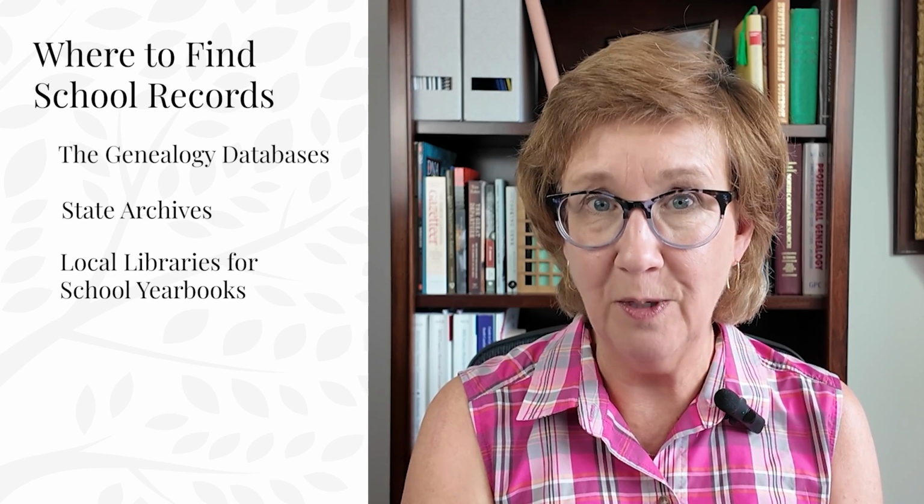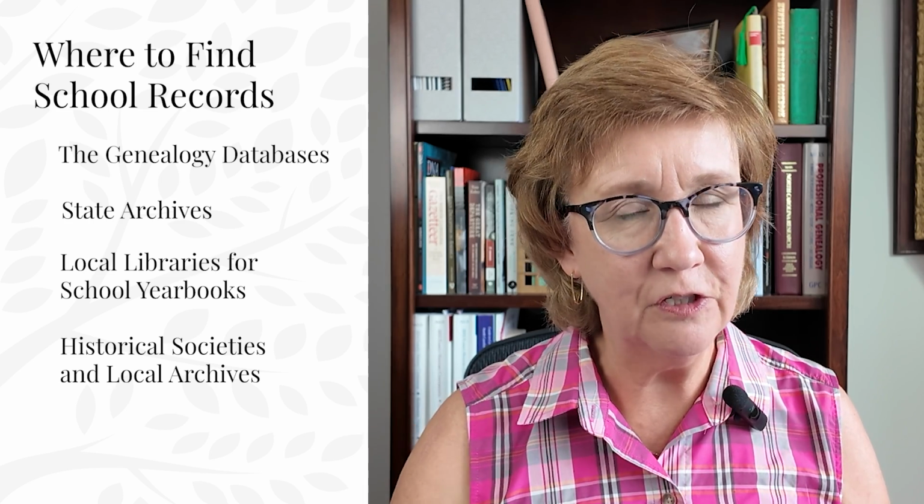Definitely want to check that local library where your ancestor lived, because they are likely to have yearbooks. Oftentimes they will have local or previous and older editions of the yearbooks, but they also might have some of those school newspapers that can be a little bit harder to find. I don't find those online as much. I typically do find those a little more offline, but you could check with that school. That local library may have them as well.